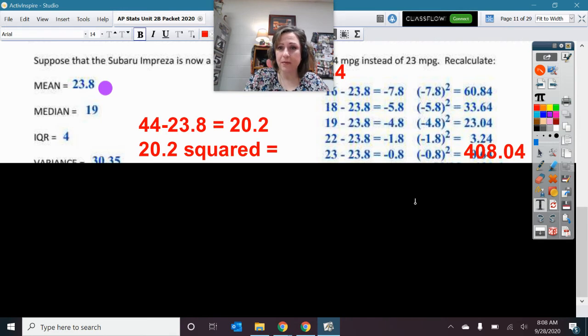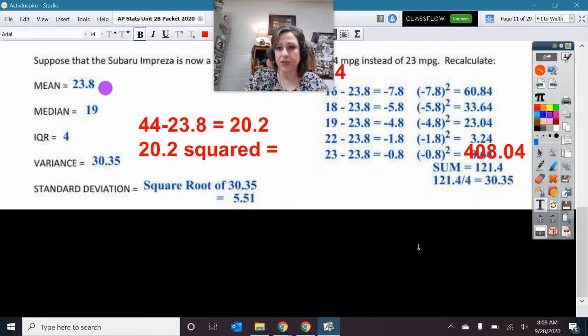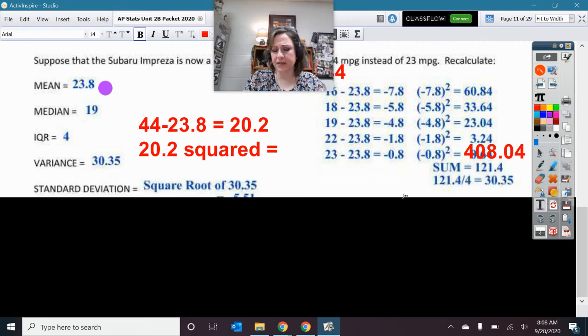Now what am I going to do with all of these numbers? I'm going to sum them up and get a new sum, and then divide by n minus 1. My new sum is 408.04, plus all of those other values, 23.04 and 33.64 and 60.84, which gives 528.8.